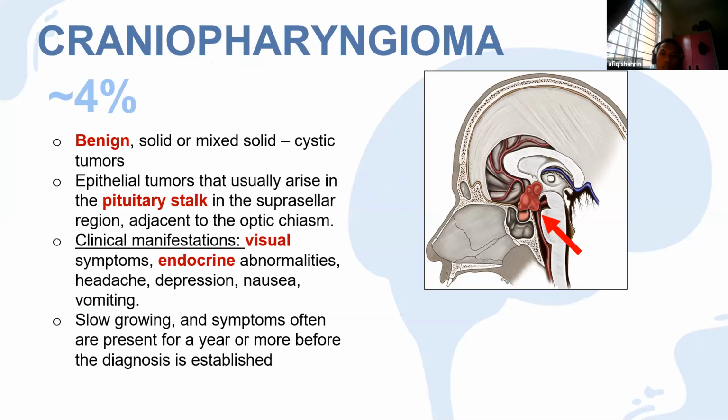And then because the location of the pituitary stalk is adjacent to the optic chiasm, the children also may manifest some visual problems such as bitemporal hemianopia. However, this kind of brain tumor is a slow-growing tumor, so the children may come late, and it will result in a late diagnosis.